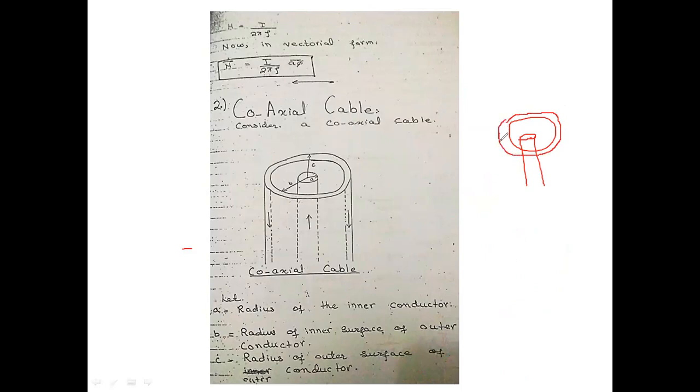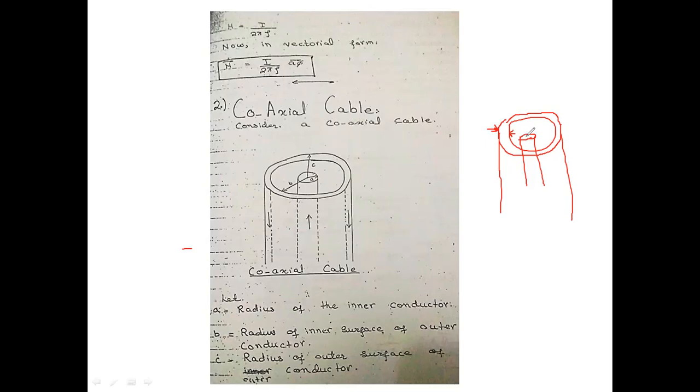So we will have two surfaces for that outer conductor. This is the inner surface of the outer conductor and this is the outer surface of the outer conductor.